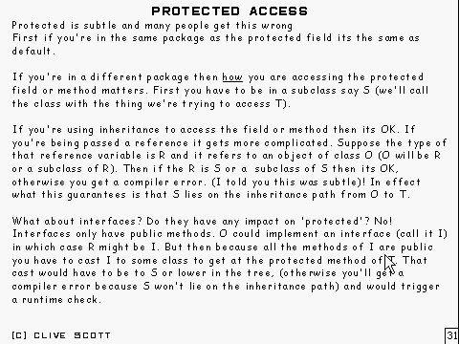Okay, so what you must be doing, of course, is casting that reference I to some class and using that to get to the protected method of T, or the protected field, of course. Now that cast has got to be S or lower in the tree, otherwise you're going to get a compiler error for exactly the same reason. And of course the cast will cause a runtime check to be done to make sure it's okay.